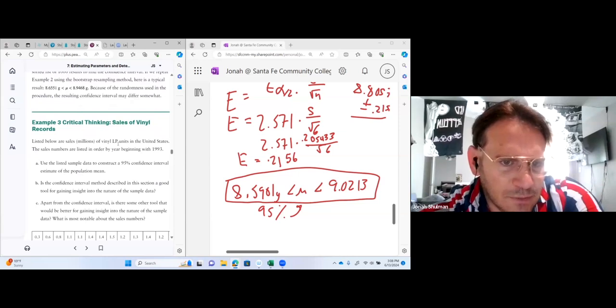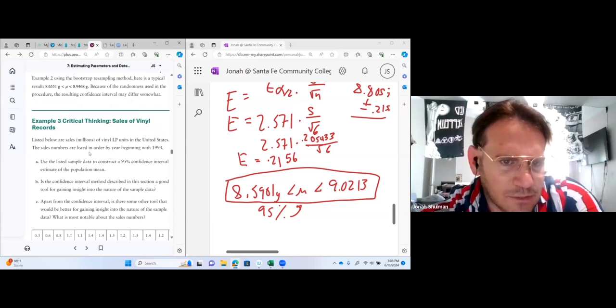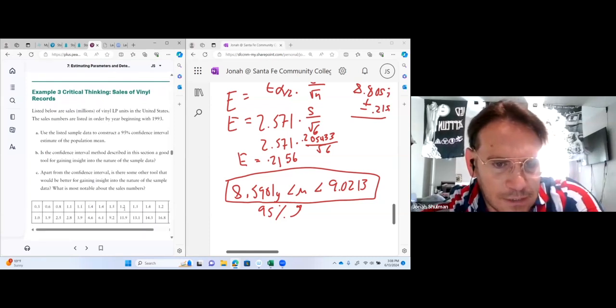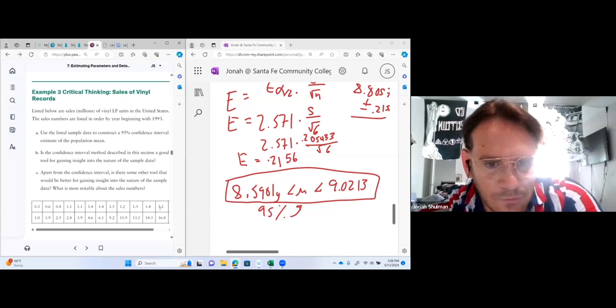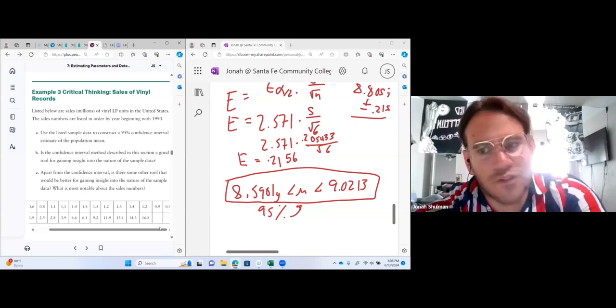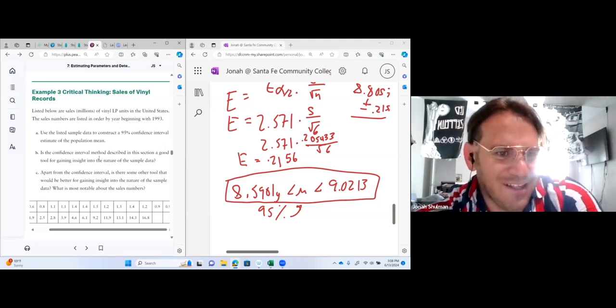Listed below are the sales in millions for vinyl LP units. The sales are listed in order of years. We have 2, 4, 6, 8, 10, 12, 14, 16, 18, 20, 22, 24, 25, 26. So close to 30. Is the confidence interval a good tool for gaining insight of the data?